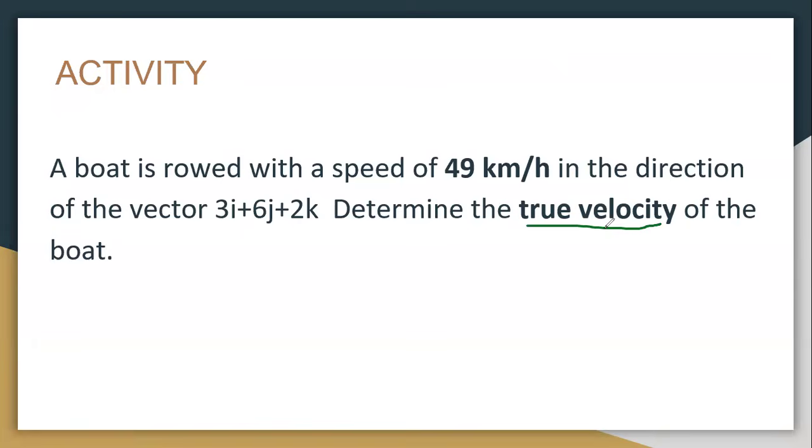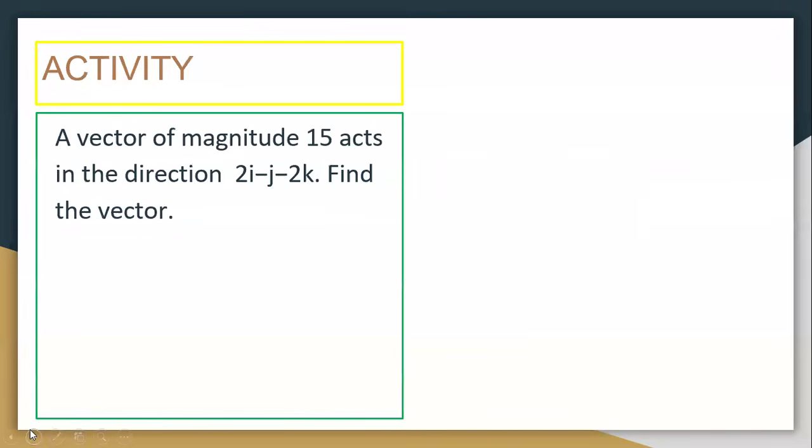So it is the same item, but now the setting can change, because you need to know that speed is related to velocity. So when they say true velocity, you do the same thing and get the same answer. In other words, the first question and this question are the same, but just the setting and the wording may change. Okay.